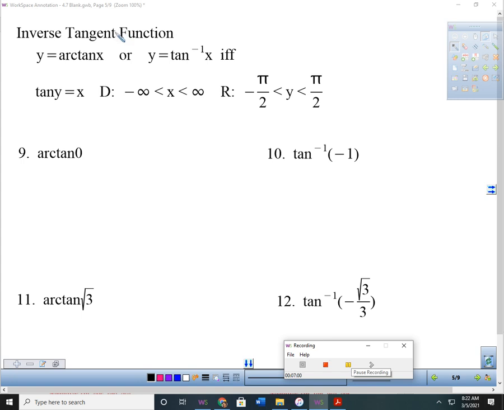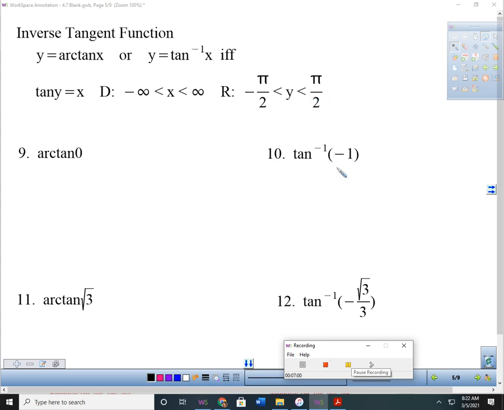All right, for tangent, the number that you're trying to find, what angle has a tangent of that number, it can be any number. It doesn't matter. So you don't have any restrictions on the number that is in this spot right here. But your outcomes should be between negative pi over 2 and positive pi over 2, just like with the sine.